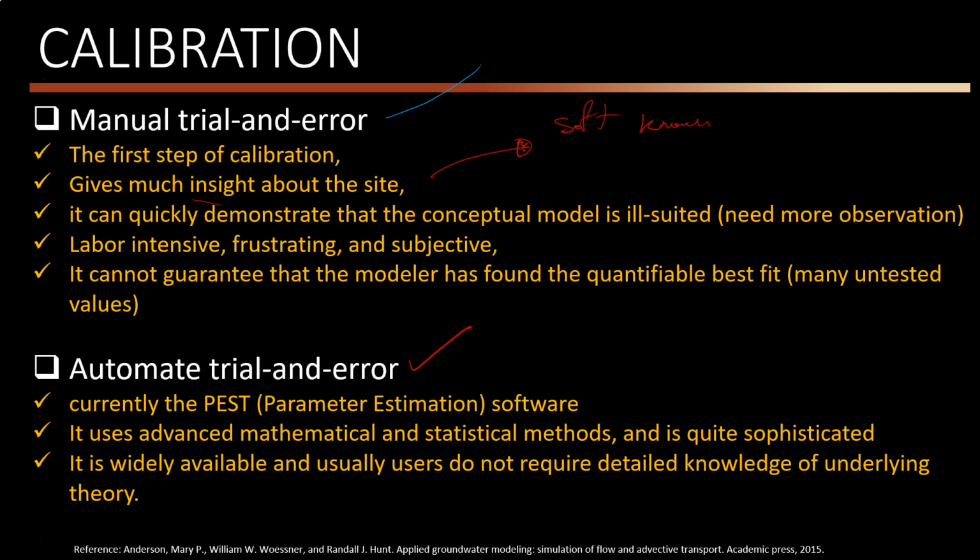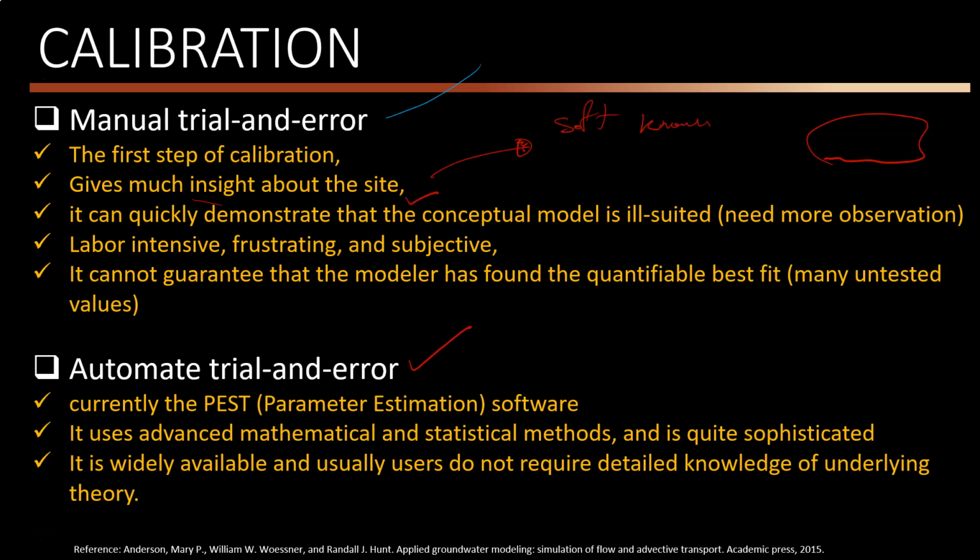The manual trial and error can quickly demonstrate that the conceptual model is ill-situated. So if you do the trial and error manually, and if there is a significant problem with your conceptual model, it will show you.